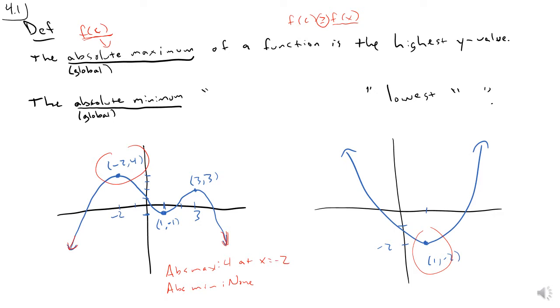And then on this other graph on the right, I can tell pretty easily what the lowest point is. The lowest y value is -2, so that's my absolute min. Absolute min is -2, and it happens at x equals 1. But if I ask for absolute max for this function, there's not one.